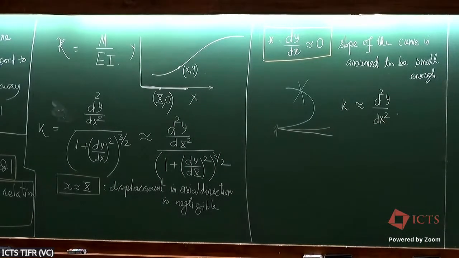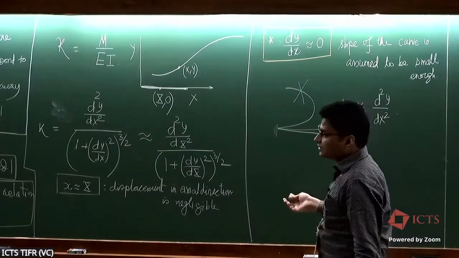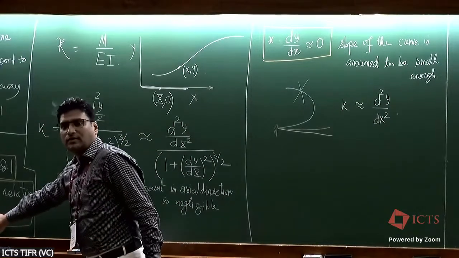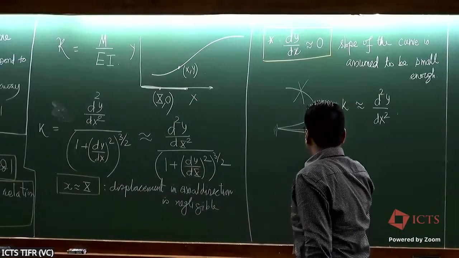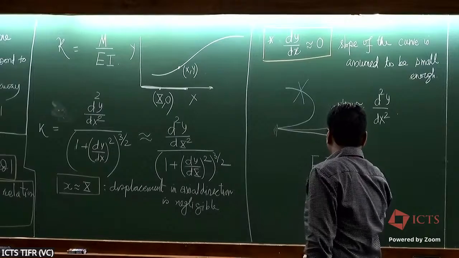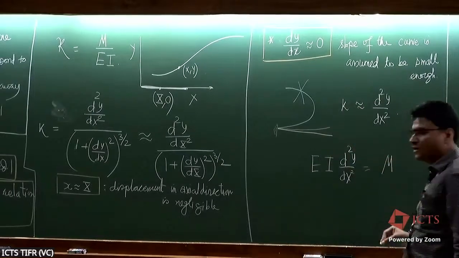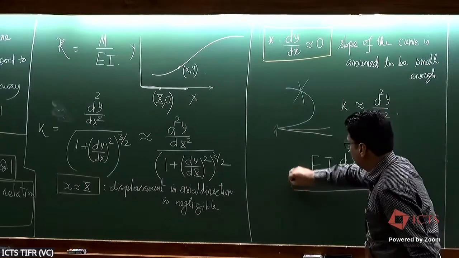Okay? So now we have gotten to the Euler-Bernoulli beam theory, which is, let's come here, put your curvature as d2y by dx2. And your equation is EI d2y over dx2 equal to the bending moment. So that's the Euler-Bernoulli beam theory.